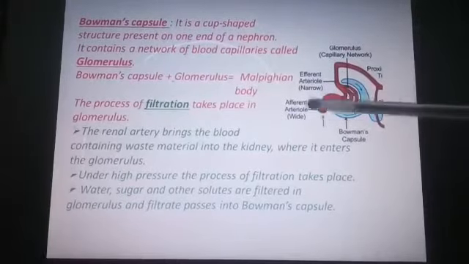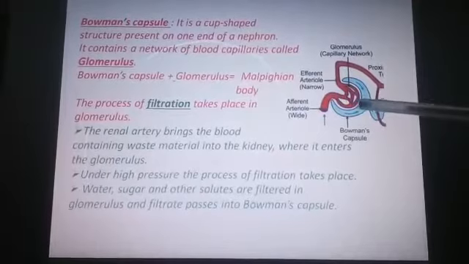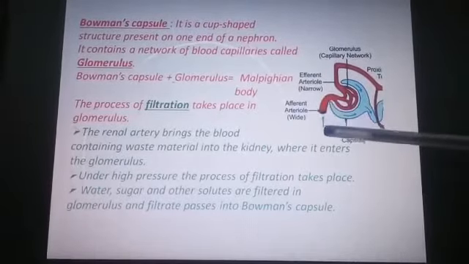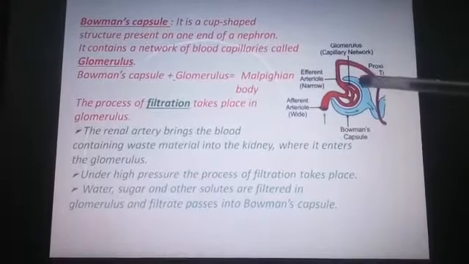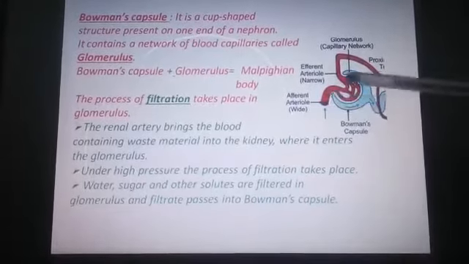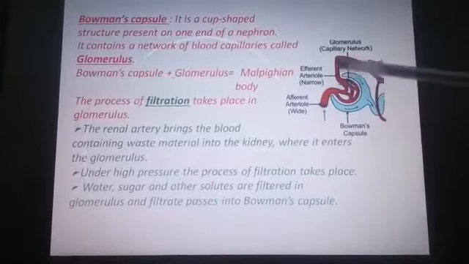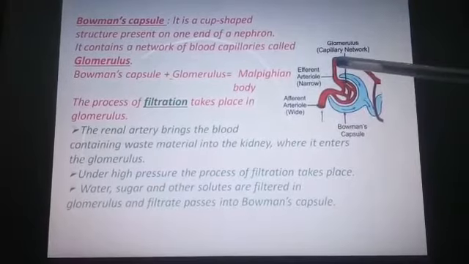Now, how does this process take place? The renal artery brings the blood containing the waste material into this glomerulus. As you can see, there is the entry of the blood vessel as well as the exit of the blood vessel. Here it is thicker and here it is thin.